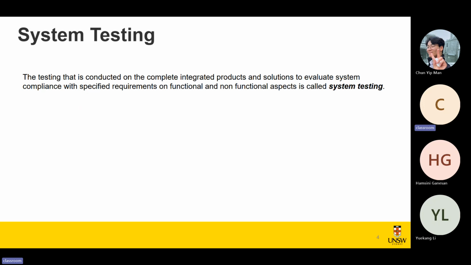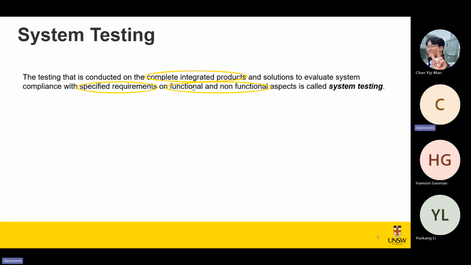And here comes a definition again. System testing is about testing the entire system or the entire software. The keyword here is that we are testing the completely integrated product, and we are testing with specific requirements on functional or non-functional aspects.